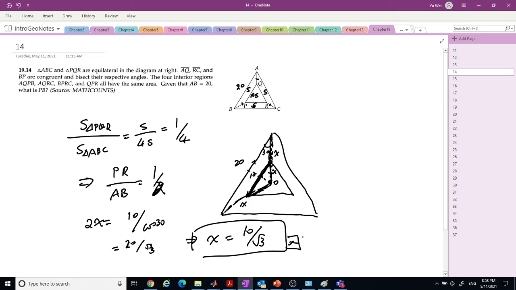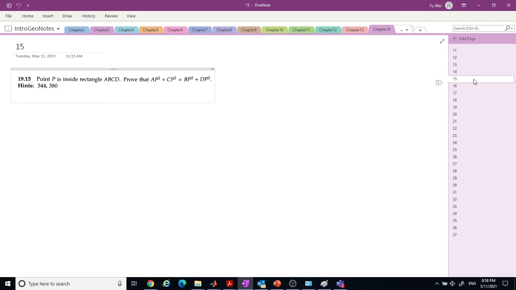Okay. Next. Yeah, and the next question. Let's see, P is inside the rectangle ABCD.